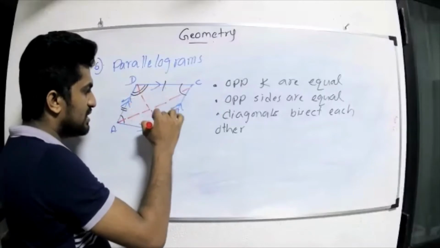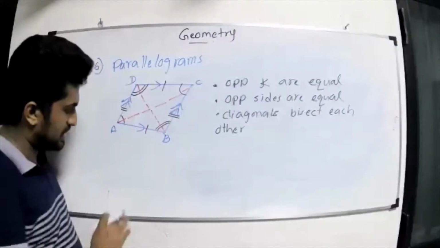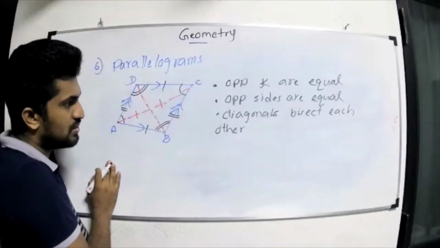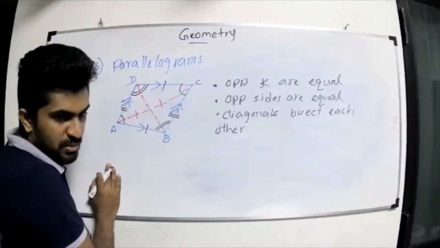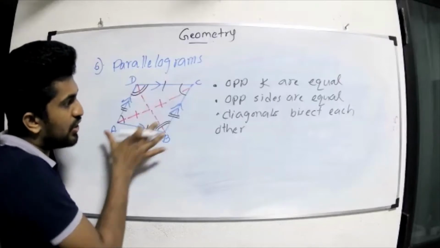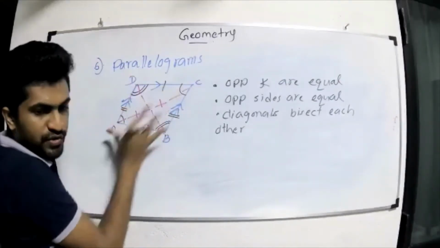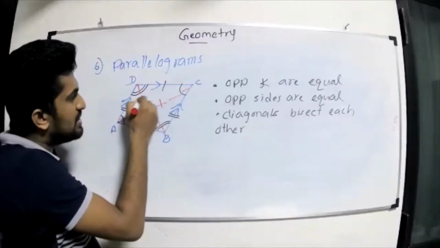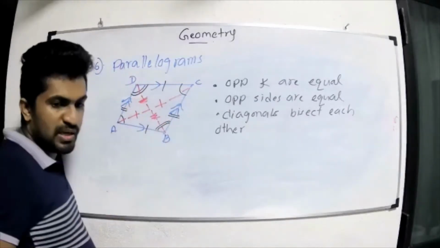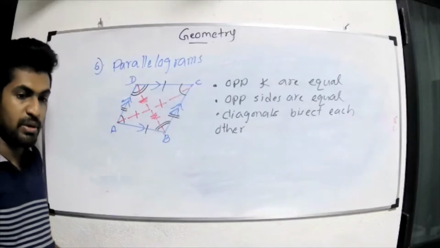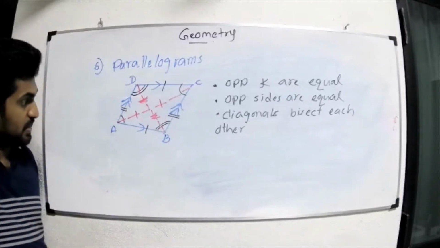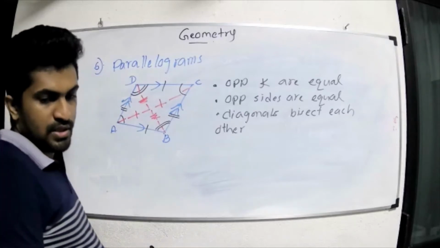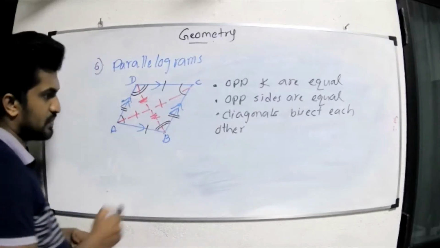Diagonals bisect each other means each diagonal separates the other into equal sections. Bisect means separate into equal parts. Diagonals bisect each other.